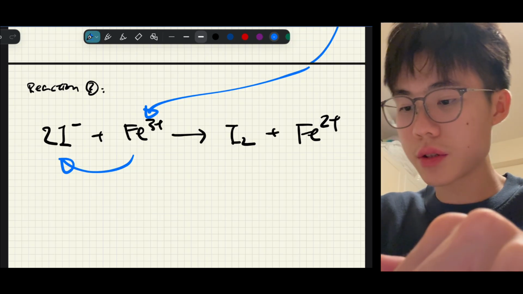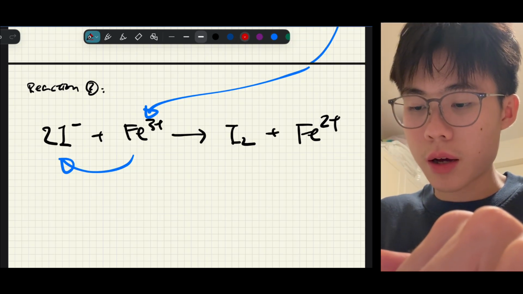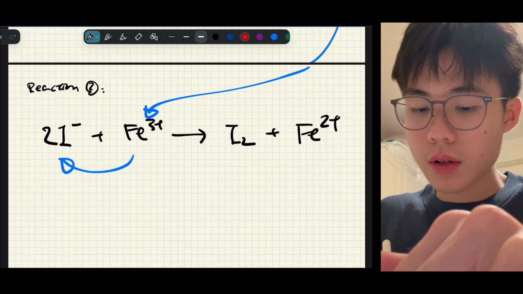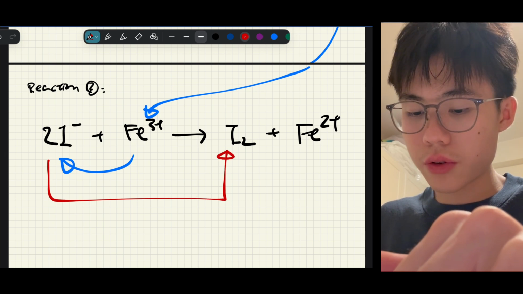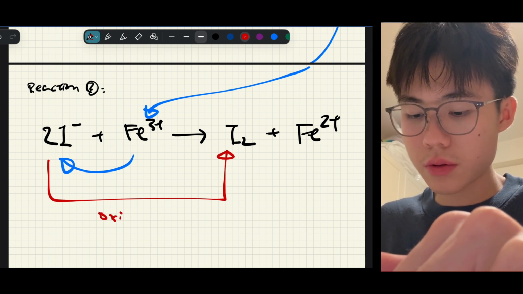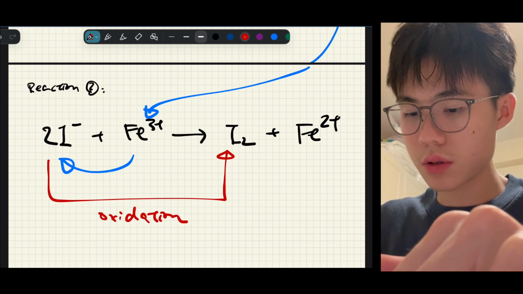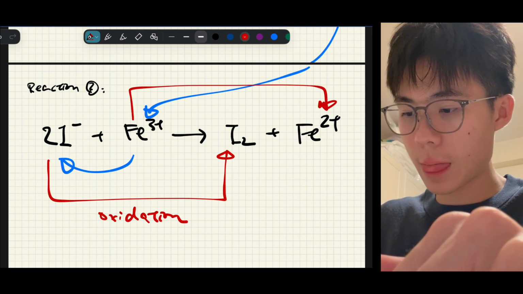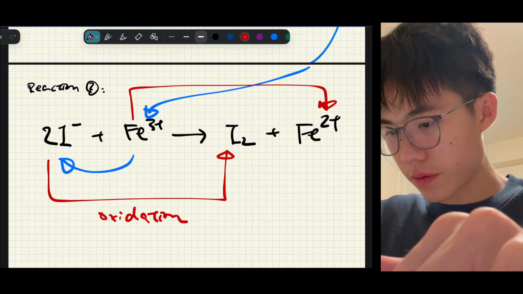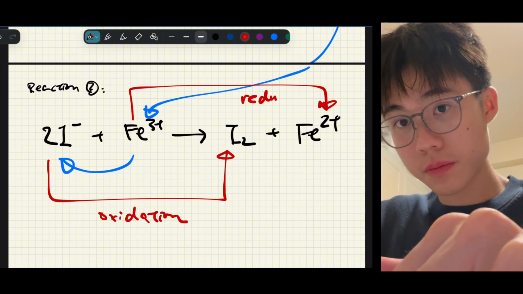So the iodide has undergone oxidation because it has given away electrons, and iron has gained them. So this is reduction.